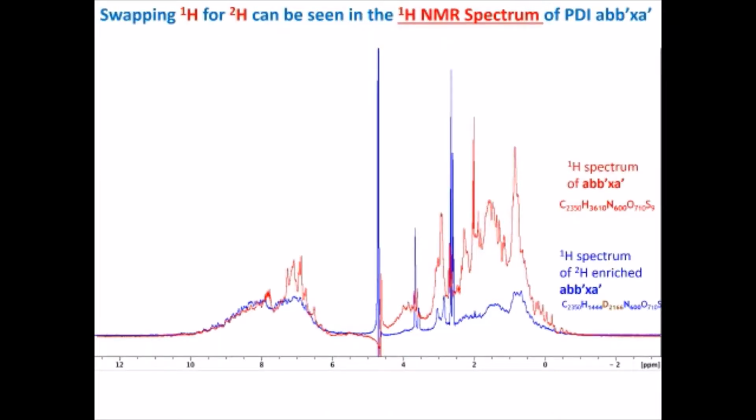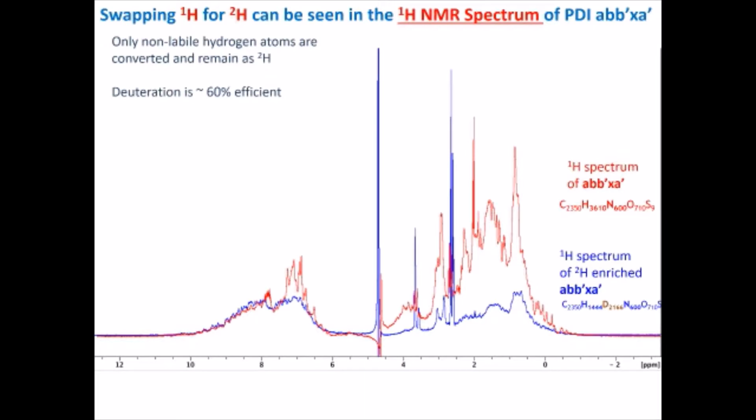So what happens when you swap hydrogen 1 for hydrogen 2, hydrogen for deuterium, in a proton NMR spectrum for PDI? Well, the red spectrum is the normal spectrum with hydrogen H1, and the blue one is a proton NMR spectrum of deuterated PDI, PDI enriched with deuterium.